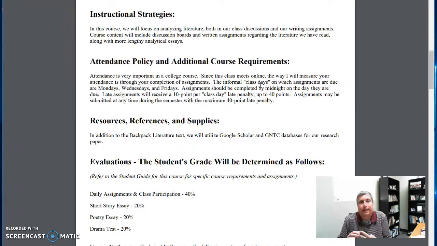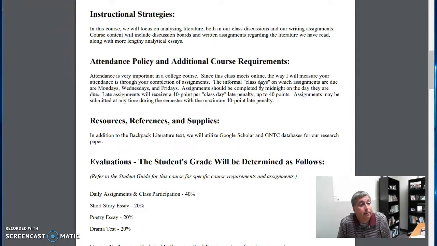Those are 2 days late. That's 20 points off. And those points accumulate up to 40 points, and then you can turn in work whenever. Theoretically, you could turn in an assignment from the first week of class in the last week. I hope you don't do that, but you could. And there would only be a 40-point penalty, which of course means you're not going to pass it, but you will receive something better than a 0, so to speak.